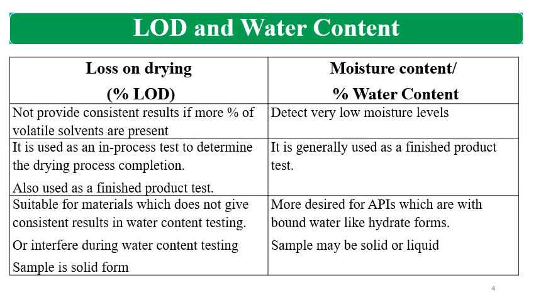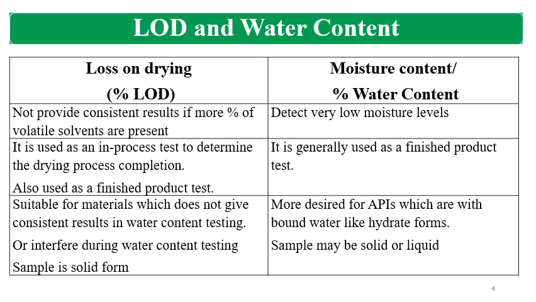Moisture content detects very low moisture levels also. Then LOD is used as an in-process test to determine drying process completion, like in wet granulation or spray type of granulation. LOD determination is performed as an in-process test, and also it is used as a finished product test for some products, mainly for the APIs.